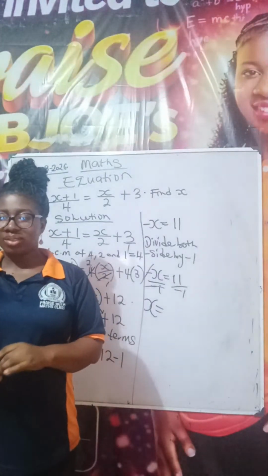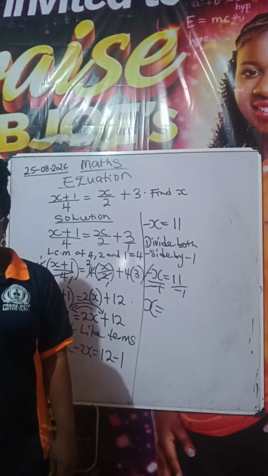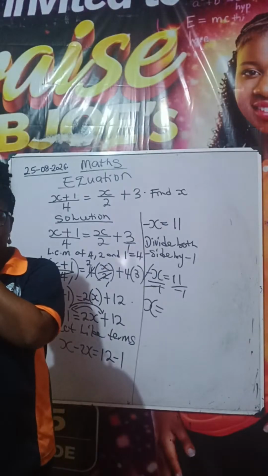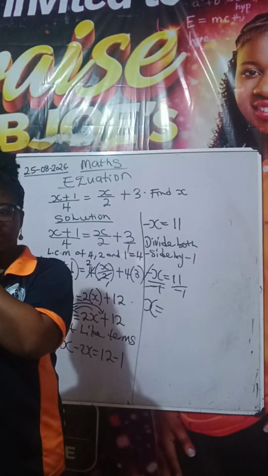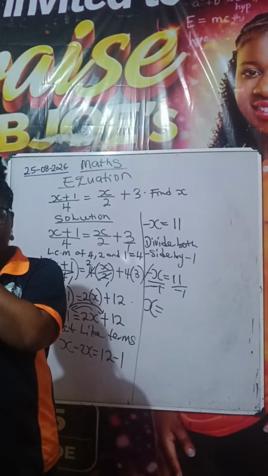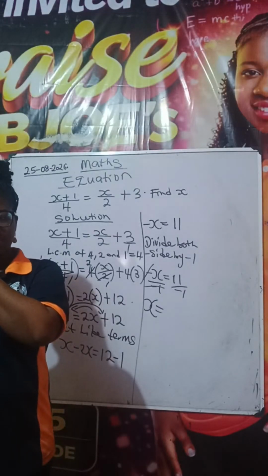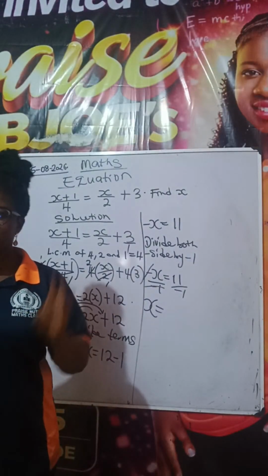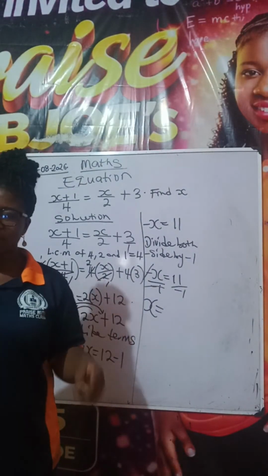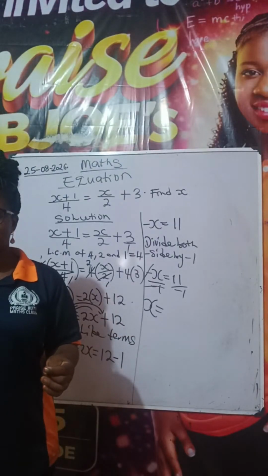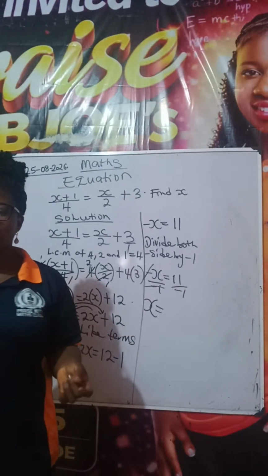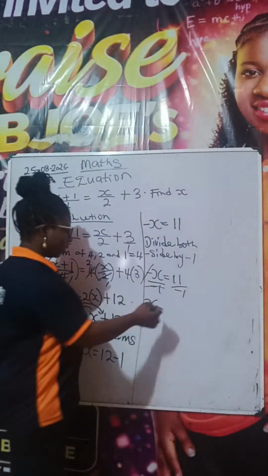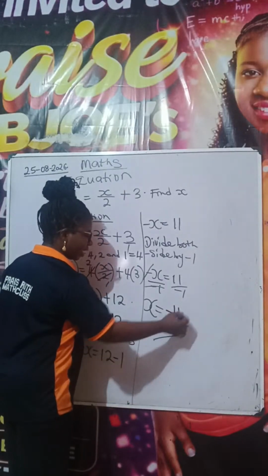So what is it going to give us? 11 divided by minus 1. Is it the same 11 or minus 11? So we are going to get minus 11. Good job, everybody. And that is the answer.